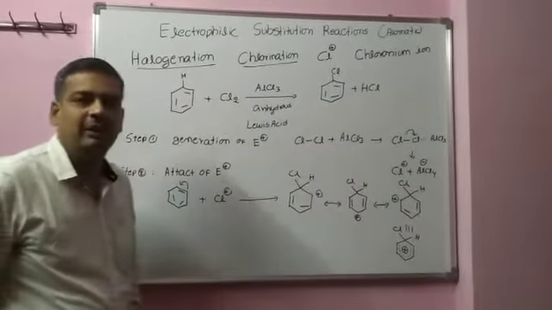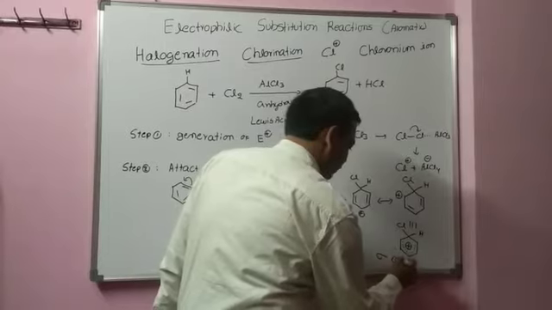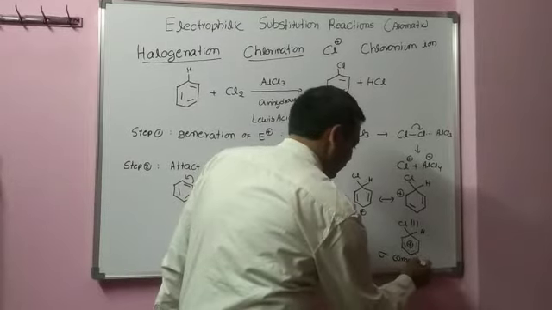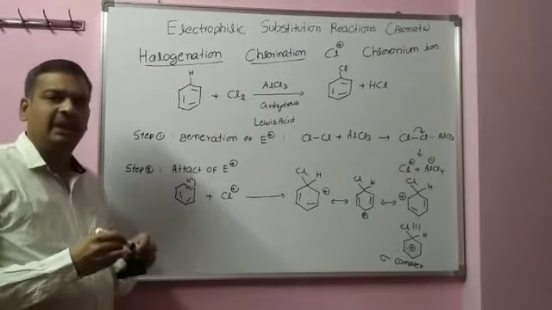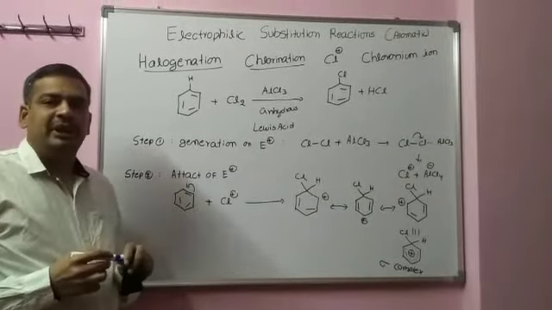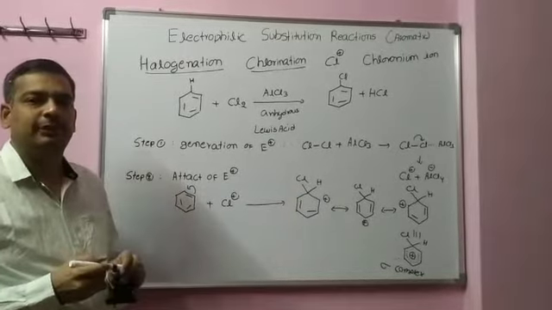This complex we call a sigma complex. This is the stable complex. So what is the intermediate formed in the electrophilic substitution reaction? Sigma complex is the intermediate formed.